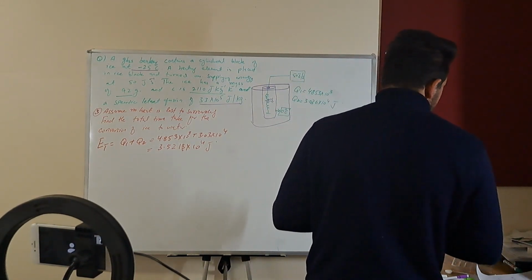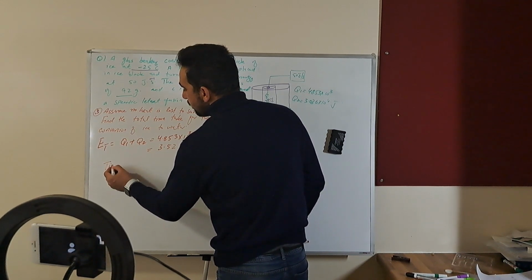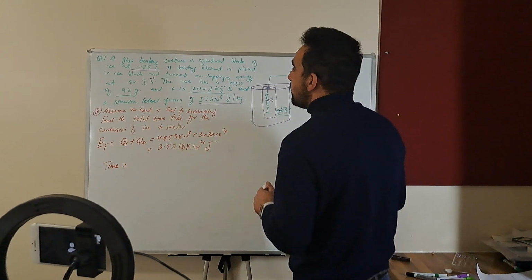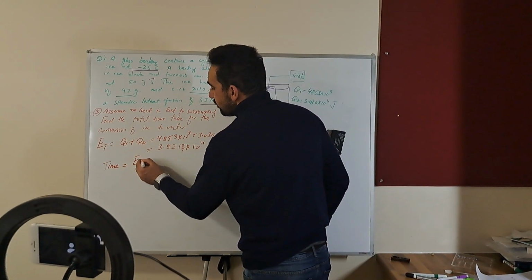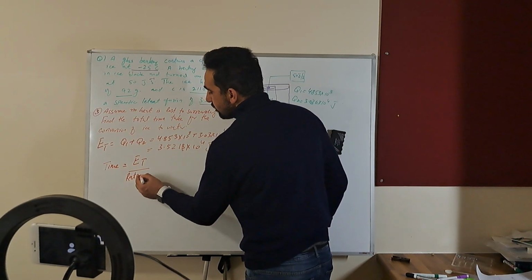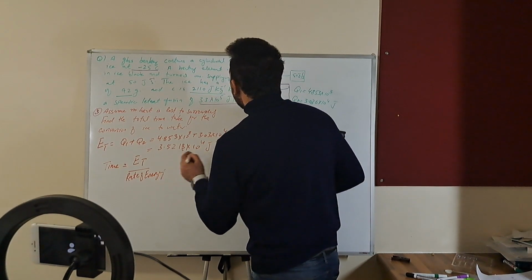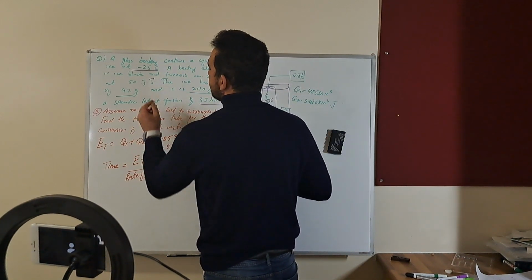Now that we know the total energy, so the time taken is equal to total energy divided by rate of energy. So the rate of energy is given here, which is 50 joule per second.